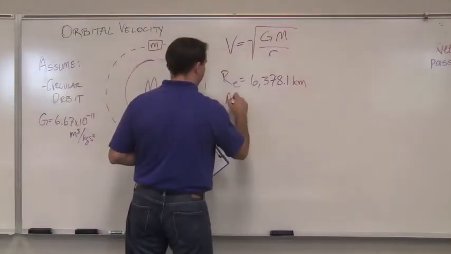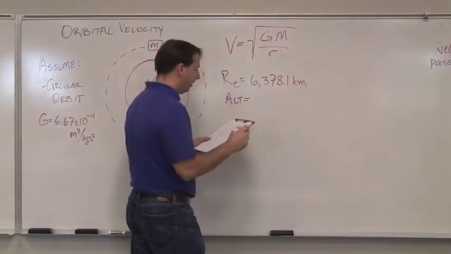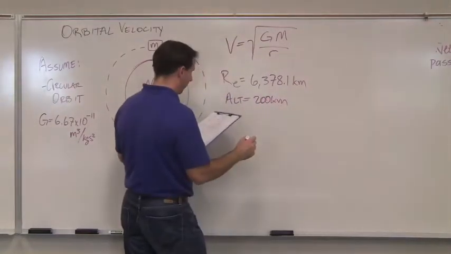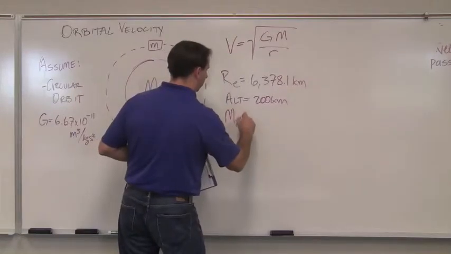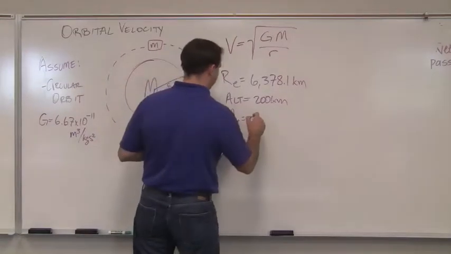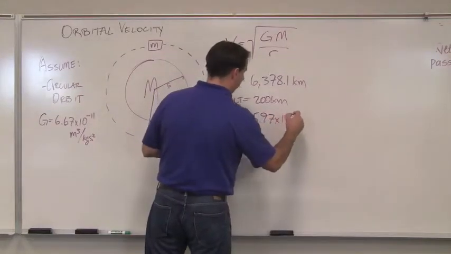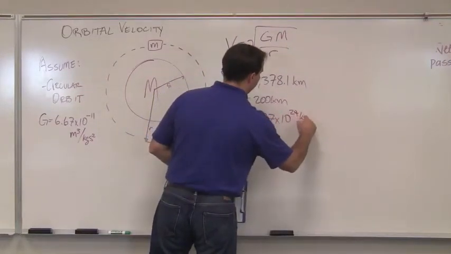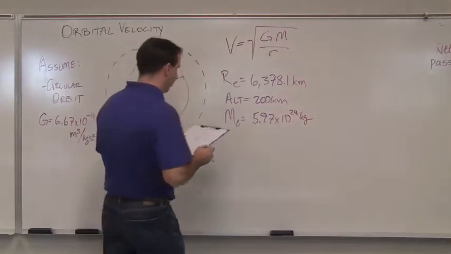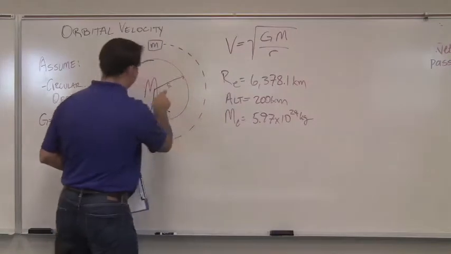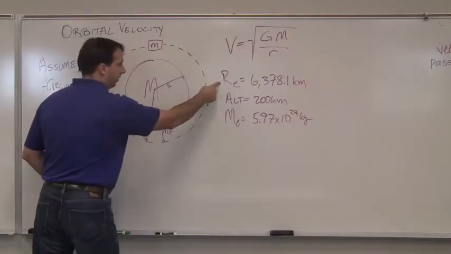The altitude that we're going to have our spacecraft at is 200 kilometers. The mass of Earth is quite large, 5.97 times 10 to the 24th kilograms. And then the radius. So okay, we've got the radius of the planet, RE, radius of Earth, and altitude.